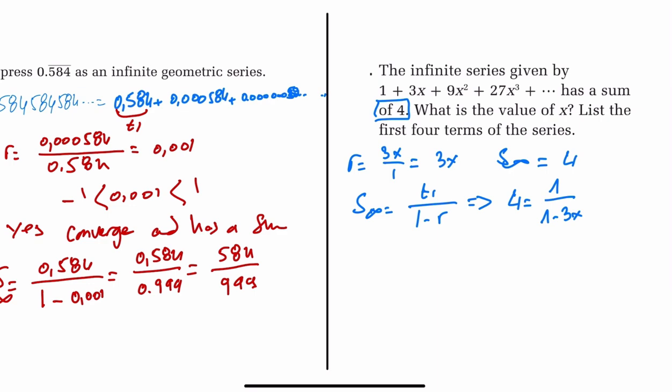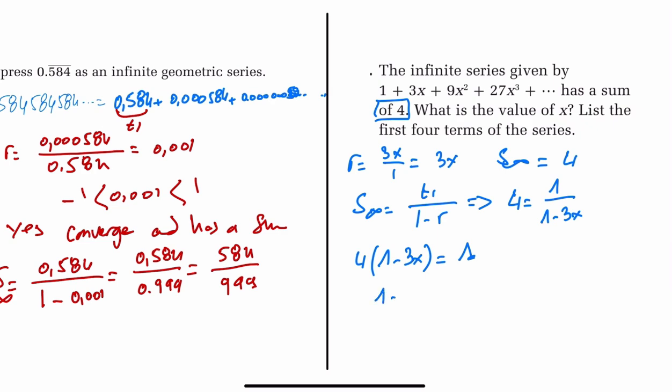So 4 times 1 minus 3x is equal to 1. What we did here is multiply both sides by 1 minus 3x, so this one will cancel out. Now I will divide by 4 to get this.